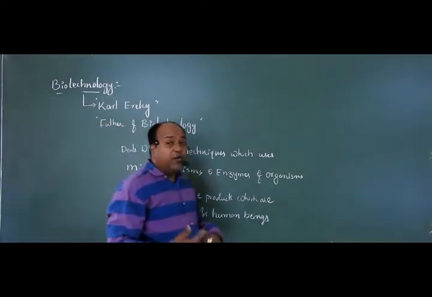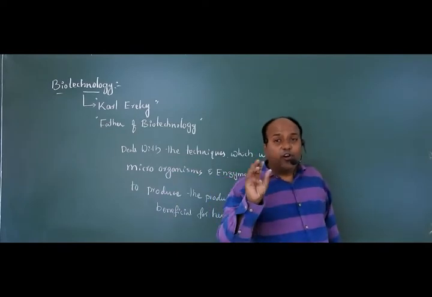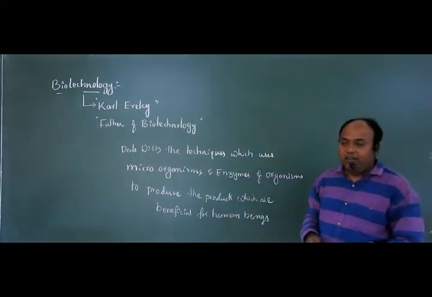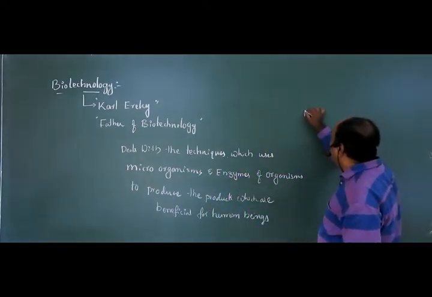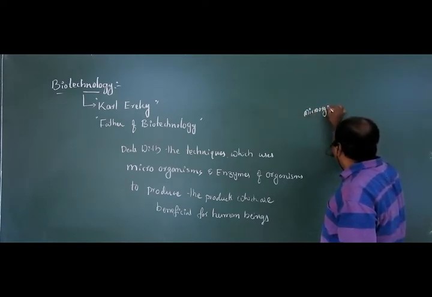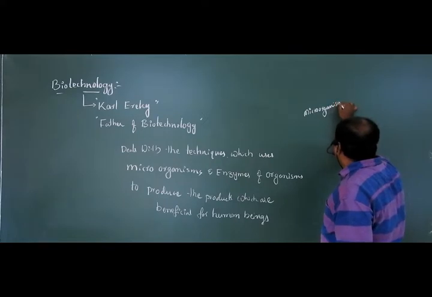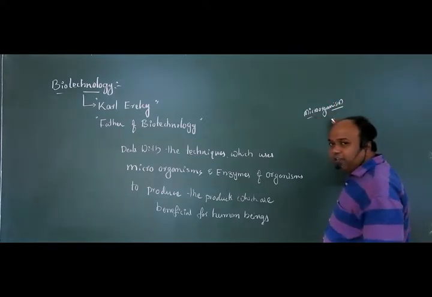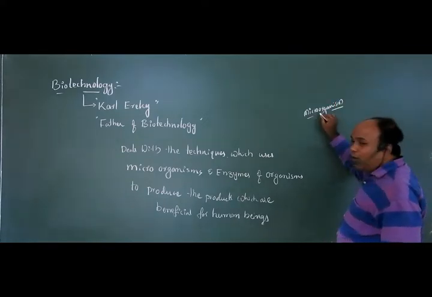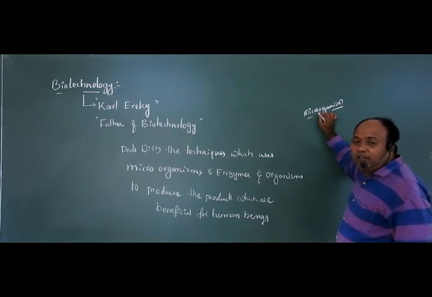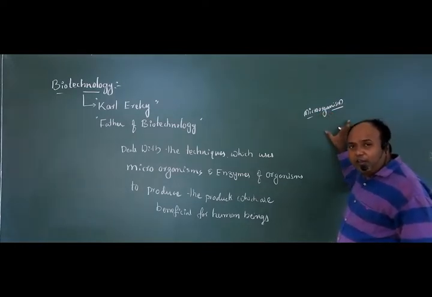Okay, what we are doing here? We are using microorganisms. Simple. We are using microorganism properties and we are using the products of microorganisms. The products are beneficial for human beings.